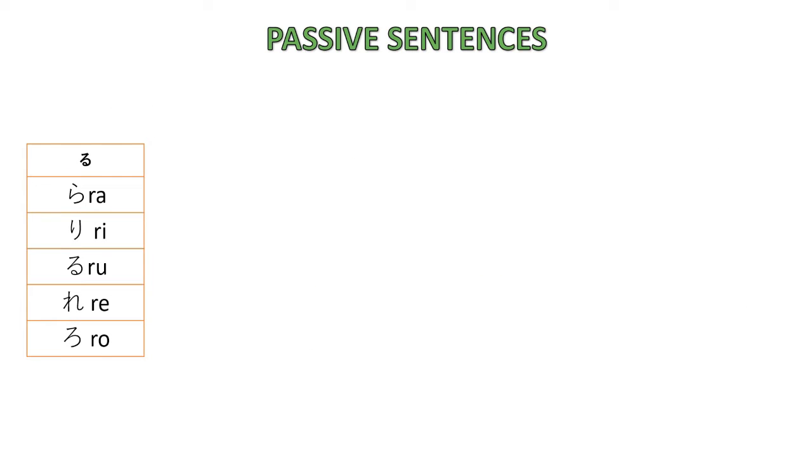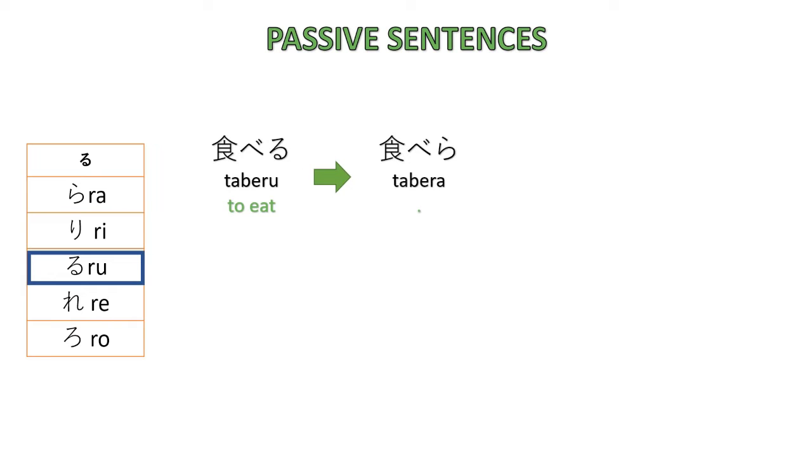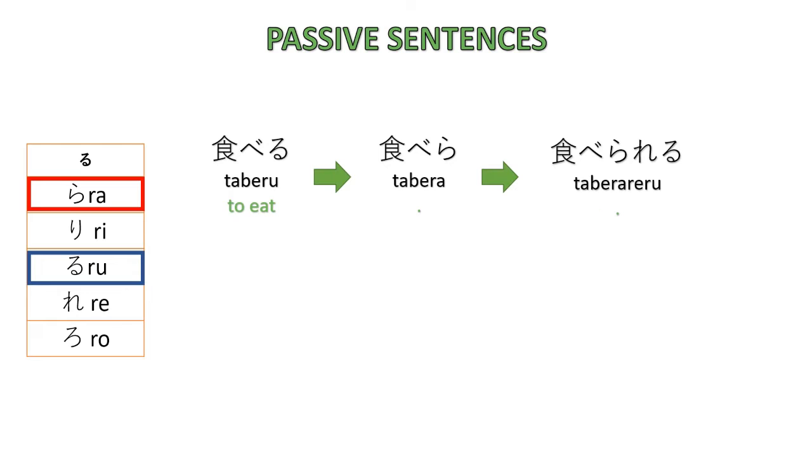So how do we conjugate these verbs here? For example, taberu. This is a ru verb. So we just change it into tabera here in the hiragana ladder. So ru becomes ra. Taberu, tabera. And then we add reru.